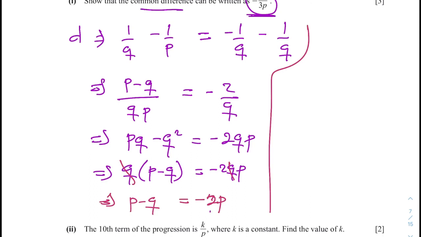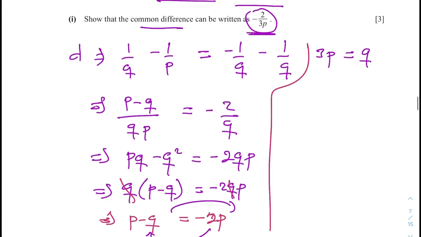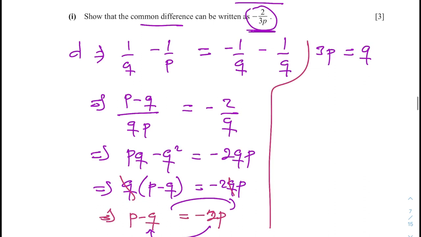So I can move this to this side and bring the Q to that side. So that means I have 3P is equal to Q. Cool. But now I have my 3P showing up here nicely, and it shouldn't contain a Q. That's one thing that we should have in mind.